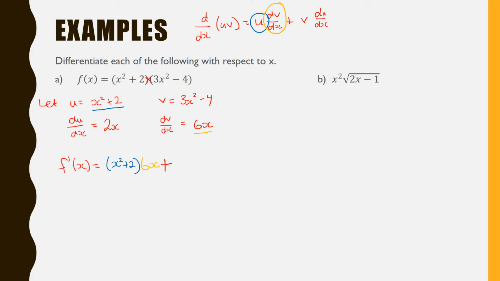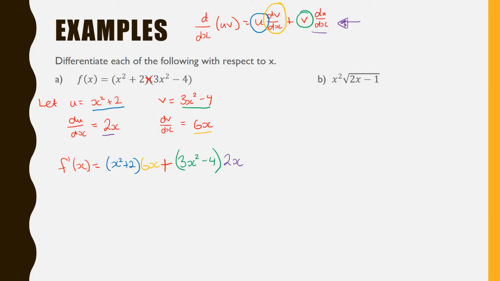Now we have the derivative of v, so we are now differentiating v, and our v formula is given here, 3x squared minus 4, it is all of v, so put it in brackets, all of v is multiplied by du/dx, and du/dx is this bit here. Remember this formula is given on the formula sheet, you do not need to remember it, you can refer to it.